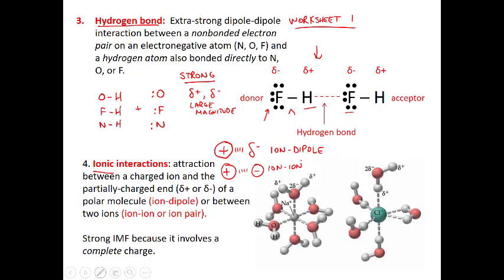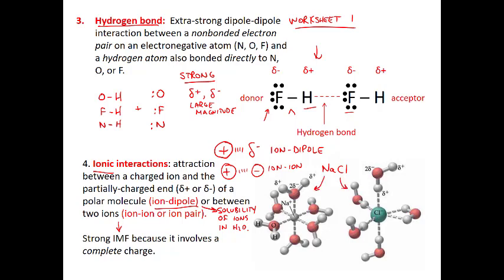So these are strong intermolecular forces, again, because of the fact that the magnitude of charge is going to be high. You've got a complete electrical charge on at least one of your particles. And ionic interactions, especially ion dipole interactions, are responsible for the solubility of many ions in water. So look at what happens if you take sodium chloride and dissolve it into water.